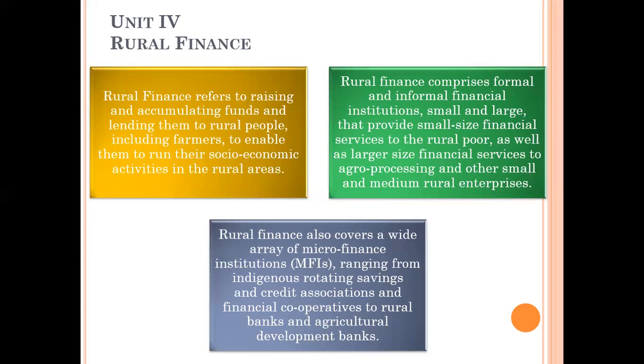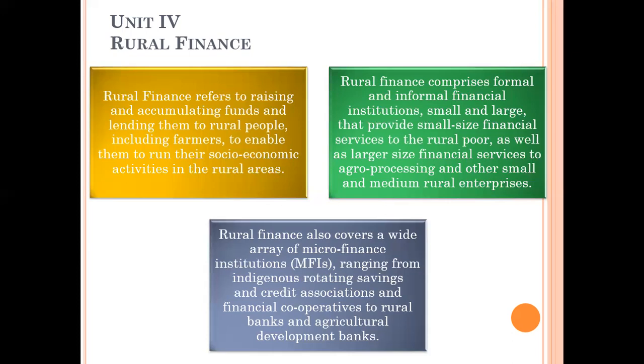So to run those activities, if farmers or rural people want finance, rural financing companies can provide them capital. Which corporations are included in this, or which other institutions are involved in rural financing, we will see here.